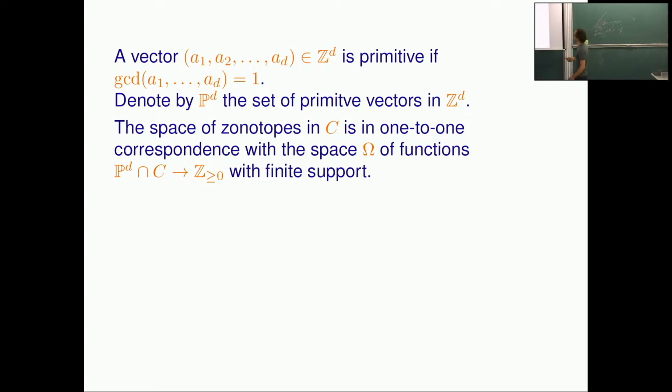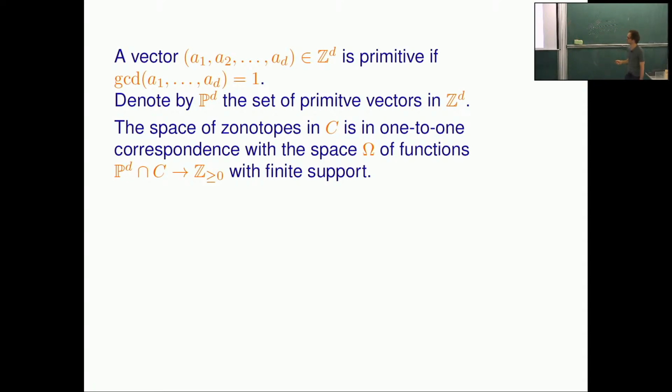So the first thing that we're going to do is use the correspondence between zonotopes and functions on primitive vectors. A vector is primitive if the GCD of its coordinates is 1, and here we're only taking the GCD of non-zero coordinates. So in particular, the origin 0, 0, 0, 0 is not primitive, but 0, 0, 0, 1 is primitive.